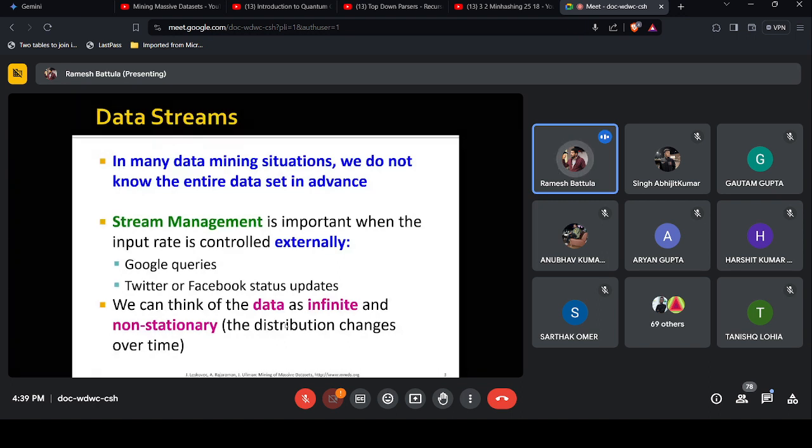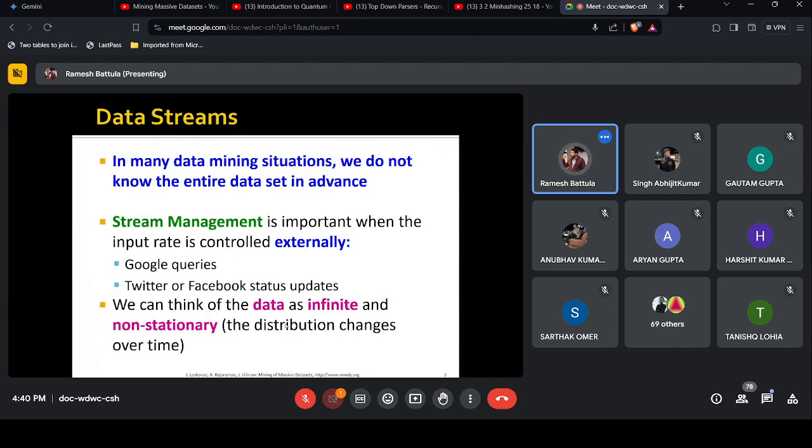That's why we need to understand stream management. The input rate is not with you; it is with external sources only. For example, Google queries, Twitter or Facebook status updates are not at your side. How do you find how many updates are there? There is no data for you. You don't know what input or update is coming. Even on WhatsApp, you don't know what updates are going to come to you today.